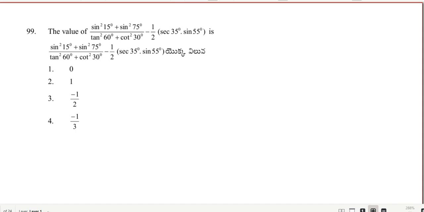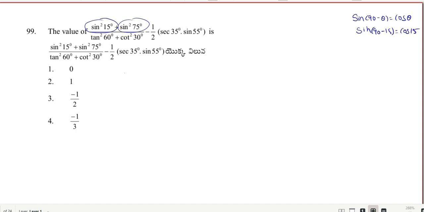Firstly, in the numerator we have sine square 15 degrees and sine square 75 degrees, and we know that sine 75 degrees can be written as cos 15 degrees by using complementary angles: sine 90 minus theta is equal to cos theta. So sine 75 can be written as sine 90 minus 15, which is cos 15.